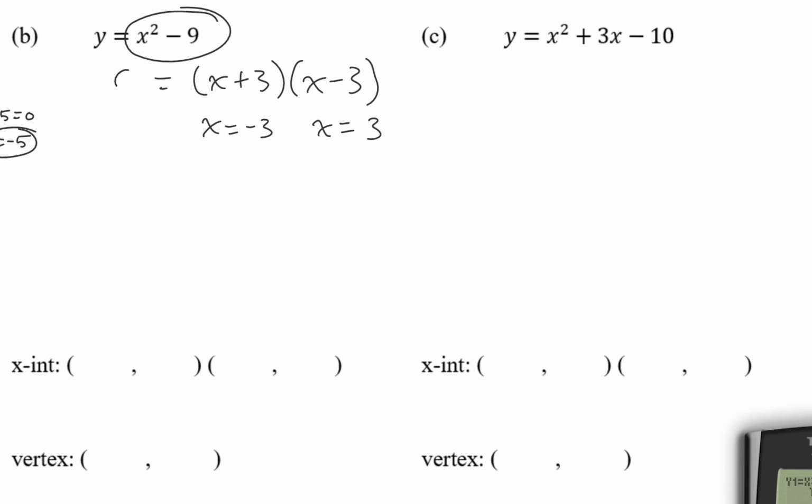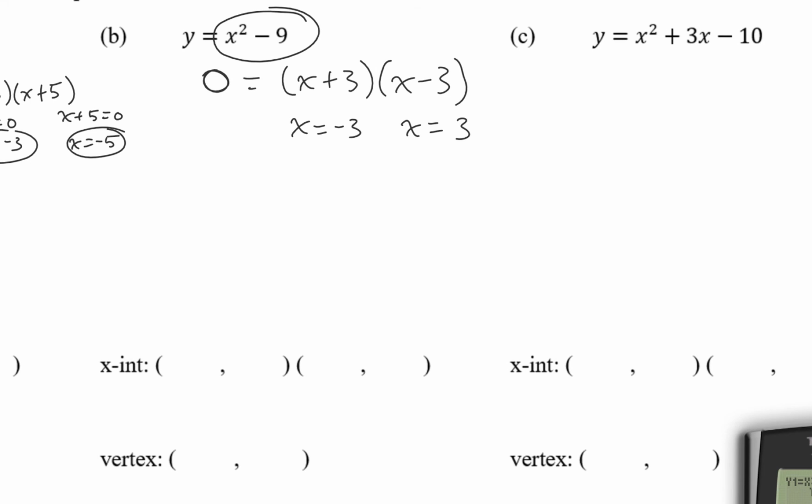If I set this equal to 0 because I'm trying to find my x-intercepts, those are the 2 values of x that will make the output of this function 0, which is what I'm looking for, because when I'm crossing the x-axis, y is 0. There, I think I said it correctly finally.